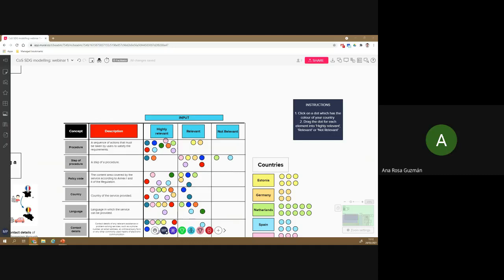Paola, please, could you give us an example of what is a procedure and the services that compose that procedure? Yeah, for example, registering of address, that is change of address, is one of the procedures, and we have different steps if it is a person that is already resident in Italy, or is a child, or is a person that moves from abroad, and so on.